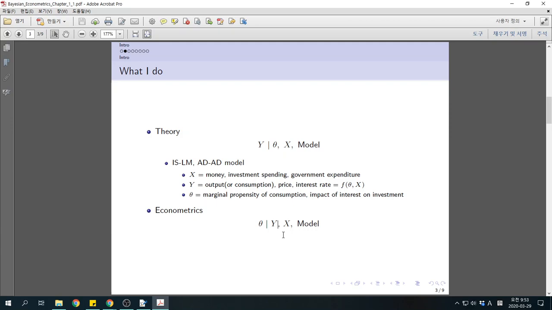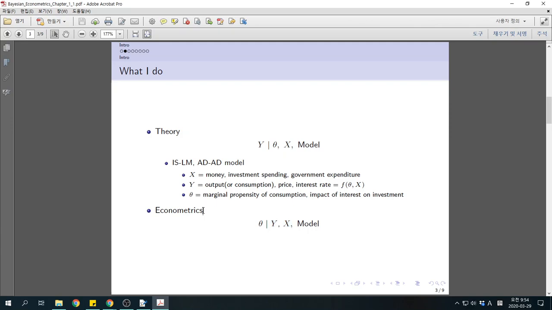So I say econometricians estimate the theta using the observations on y and x, right? This is what econometricians do.